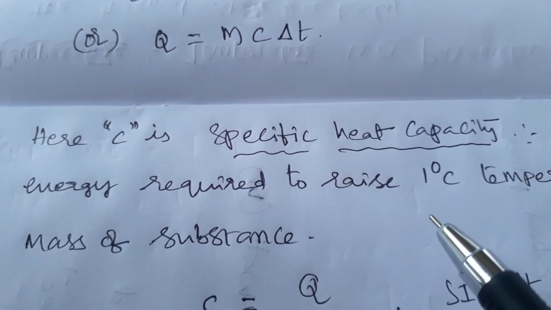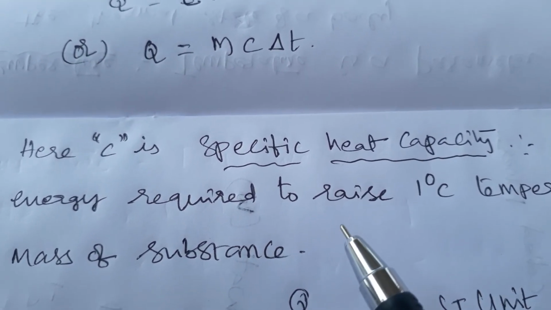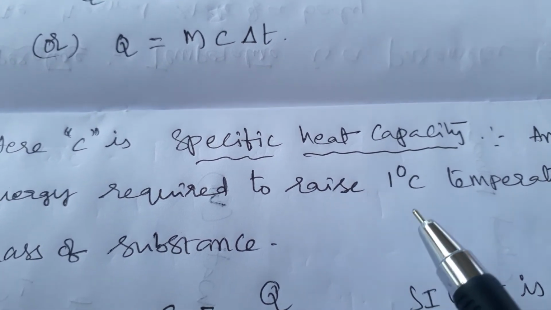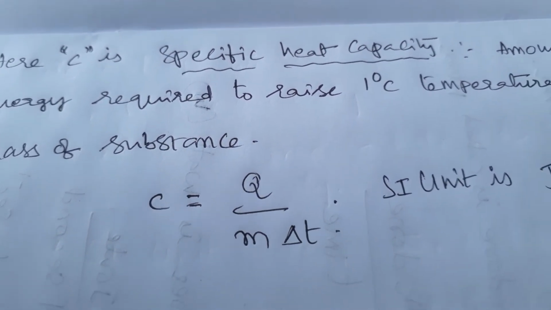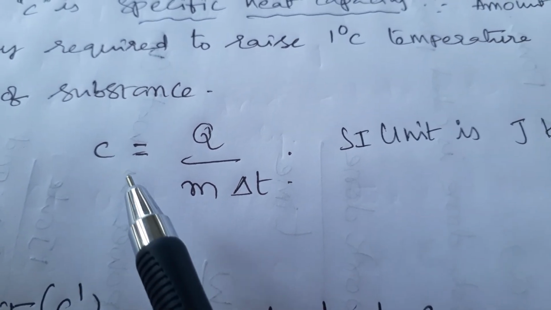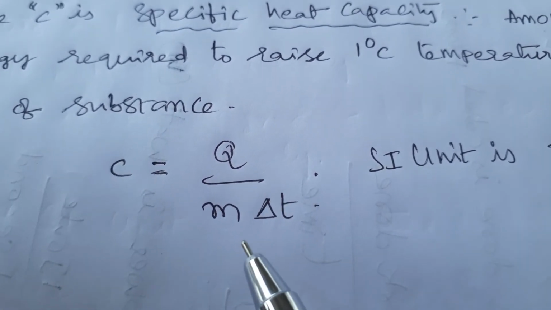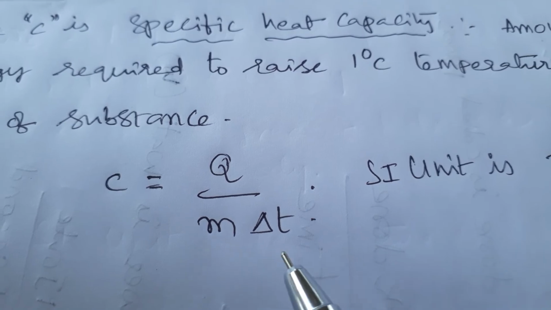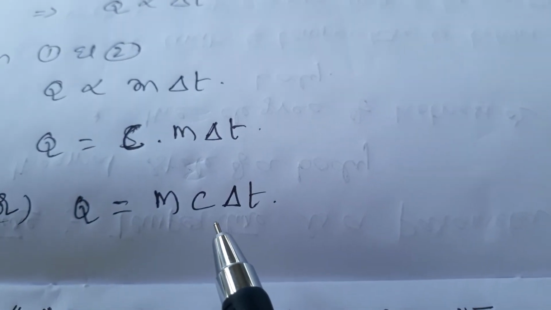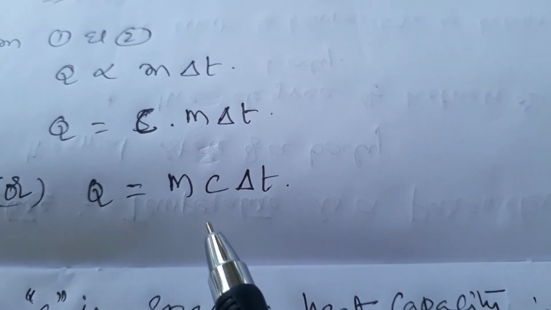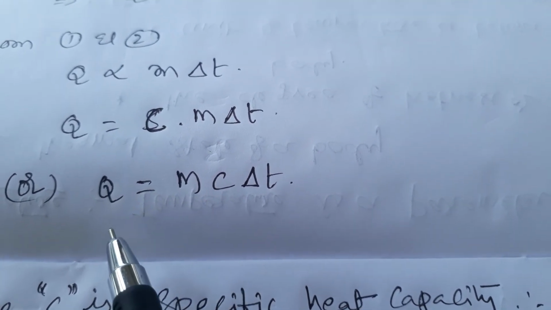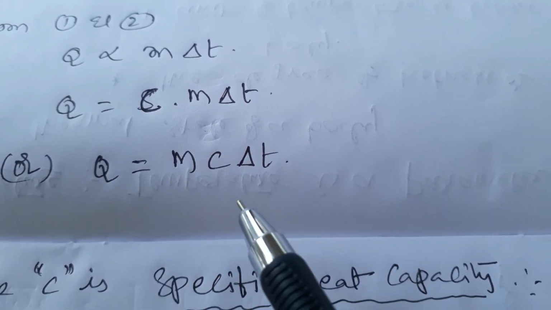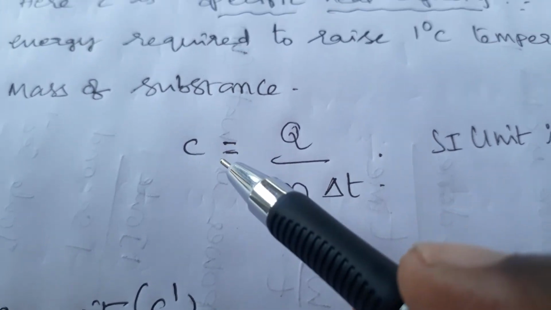Once again, specific heat is the heat energy required to raise the temperature of unit mass of the substance by 1 degree Celsius. C is equal to Q by mass into delta T. From this formula, if you make C the subject, C is equal to Q by M delta T, and we can find the specific heat of the substance.